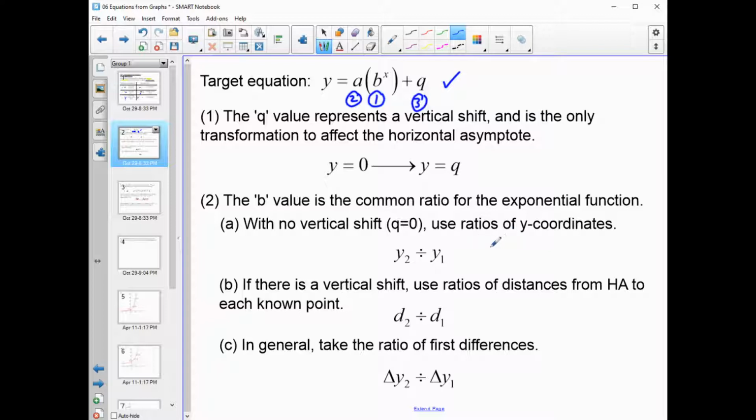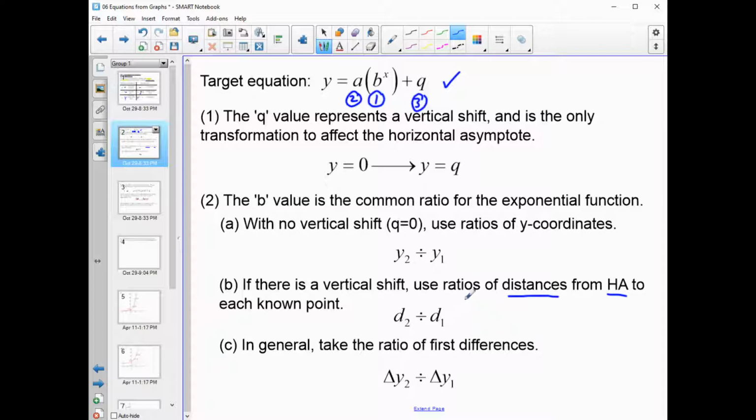And that is fairly simple, fairly straightforward. Then, if there is a vertical shift, we are going to use ratios, but we can't use the ratios of the raw y values. Instead, we have to use distances from the horizontal asymptote.